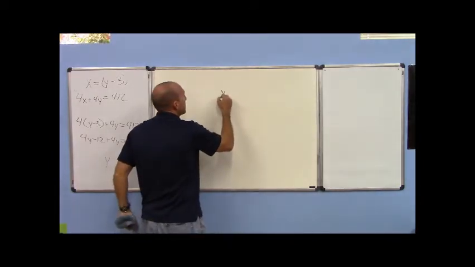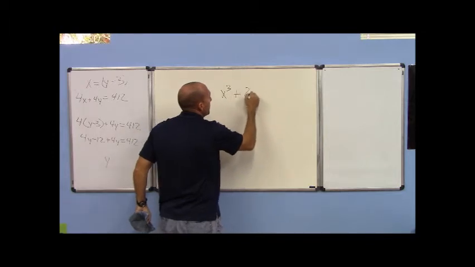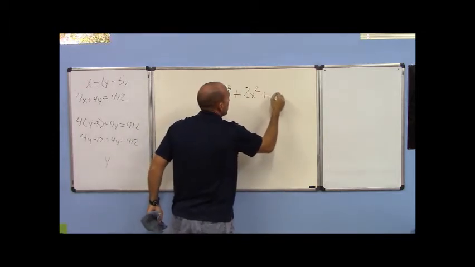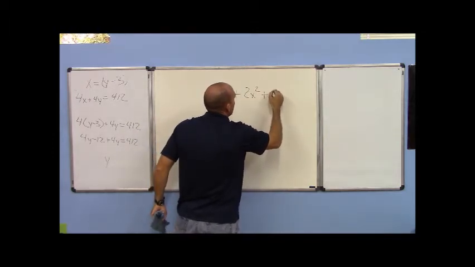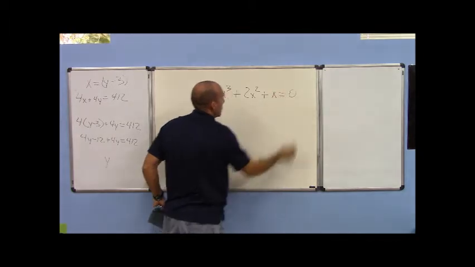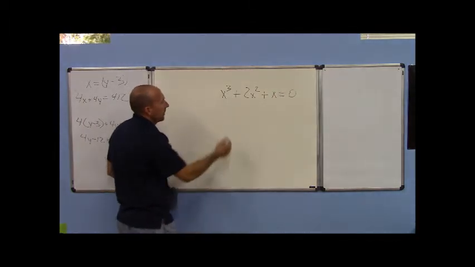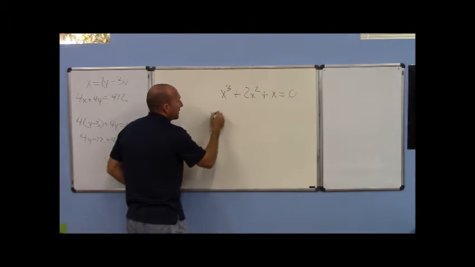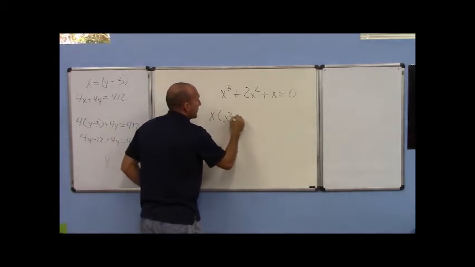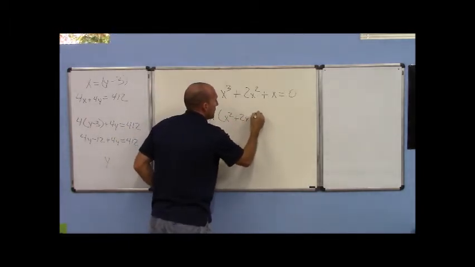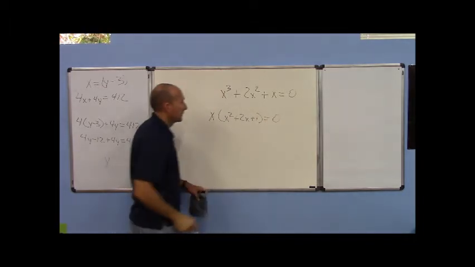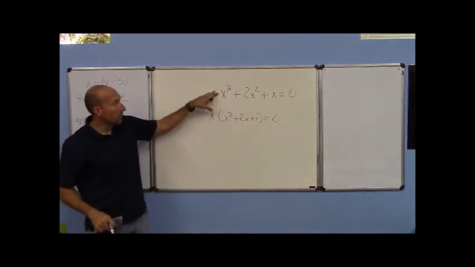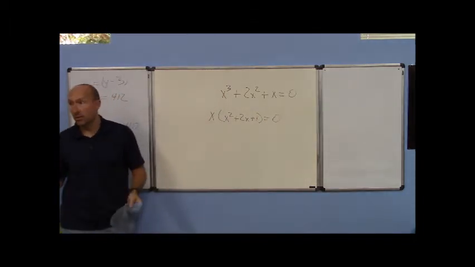If you have x cubed plus 2x squared plus x equals 0, well, we can factor out an x out of all this, and you have x squared plus 2x plus 1 equals 0.